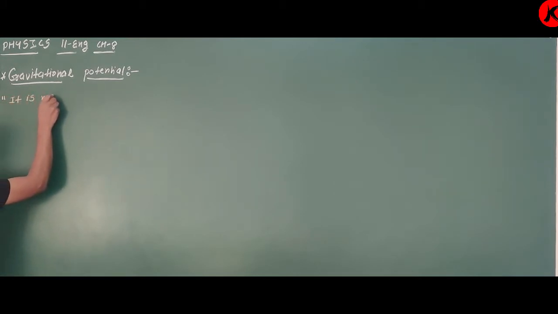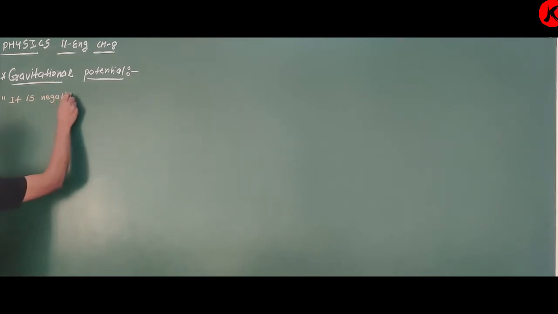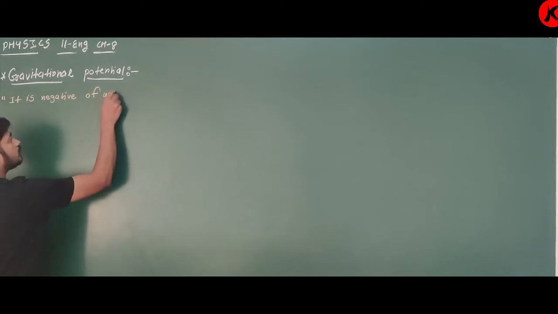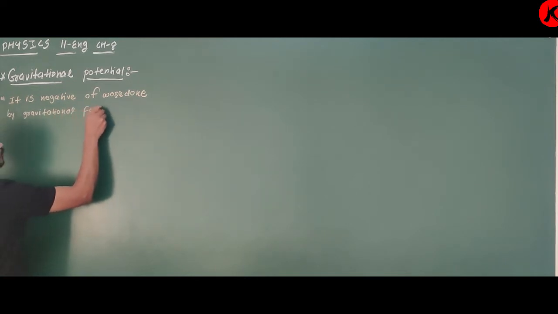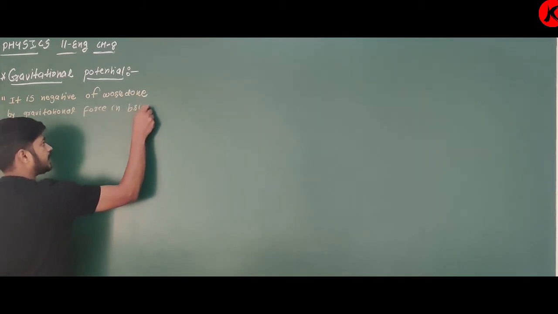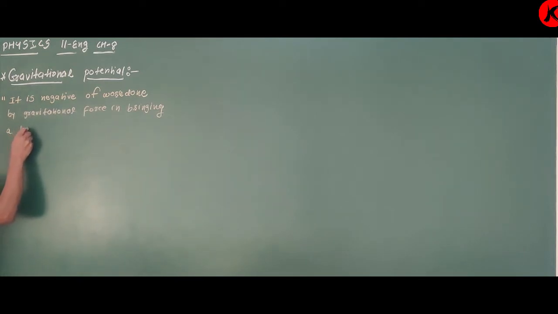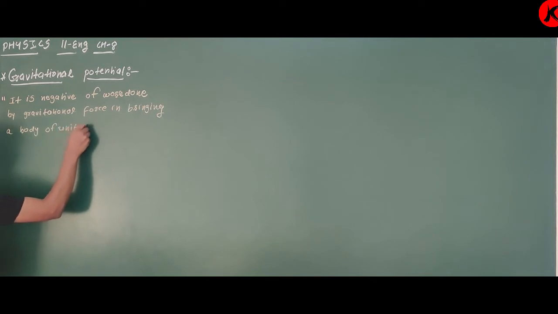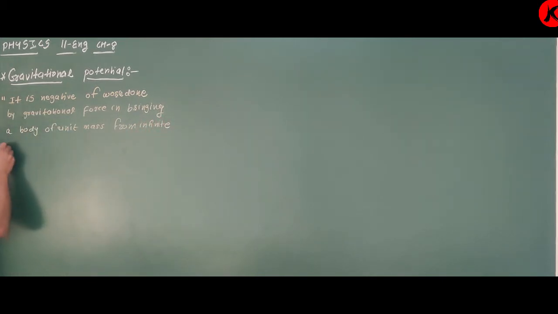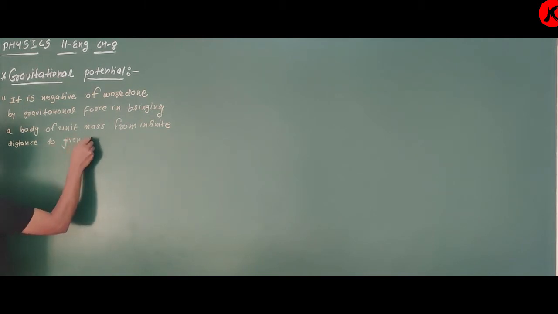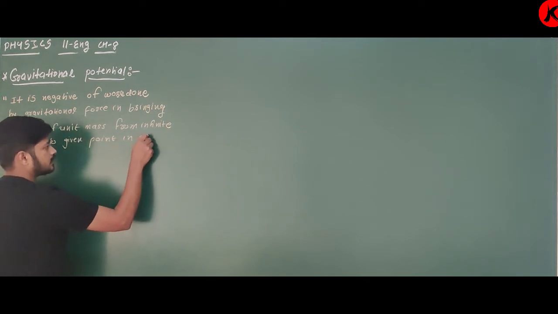Gravitational potential is defined as the negative of work done by gravitational force in bringing a body of unit mass from infinite distance to a given point in gravitational field.